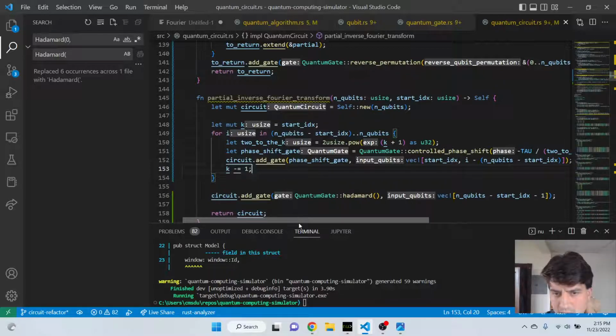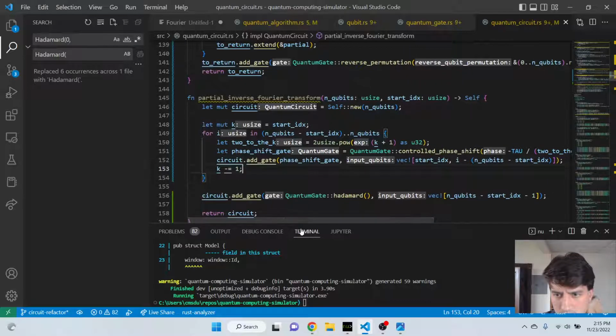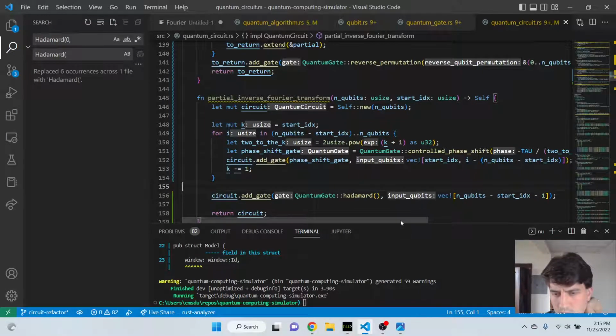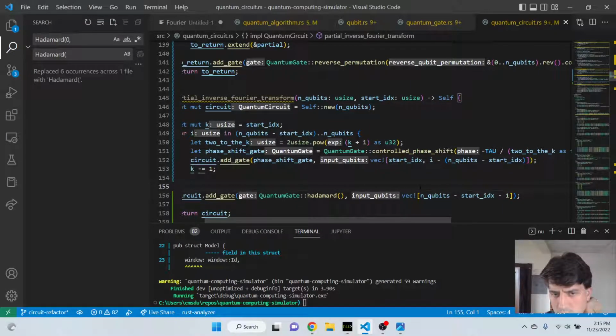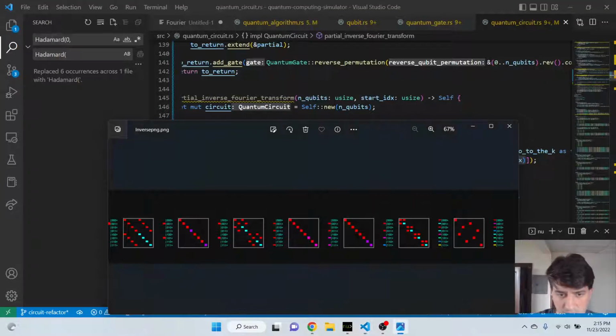So when start IDX is 1, then this is 1, and we need this to be 2. And when start IDX is... so this isn't really right, obviously.